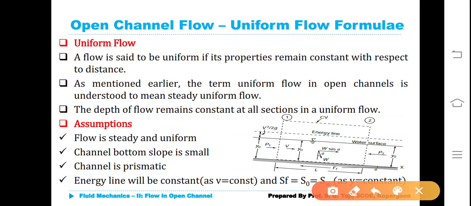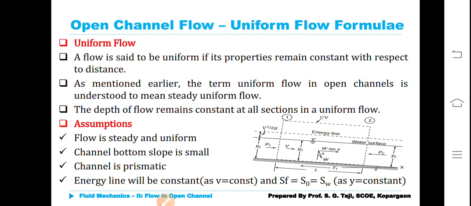1. Flow is steady and uniform. 2. Channel bottom slope is very small. 3. Channel is prismatic. And energy line will be constant, as V is equal to constant throughout since depth is constant. And therefore, SF is equal to S0 is equal to SW, as y is constant.